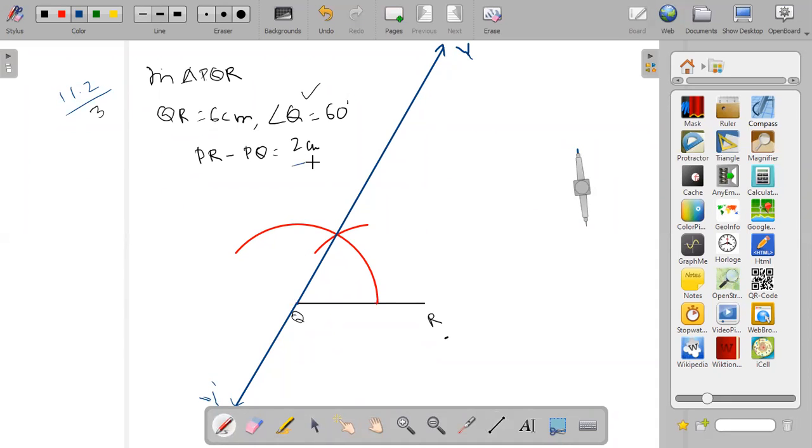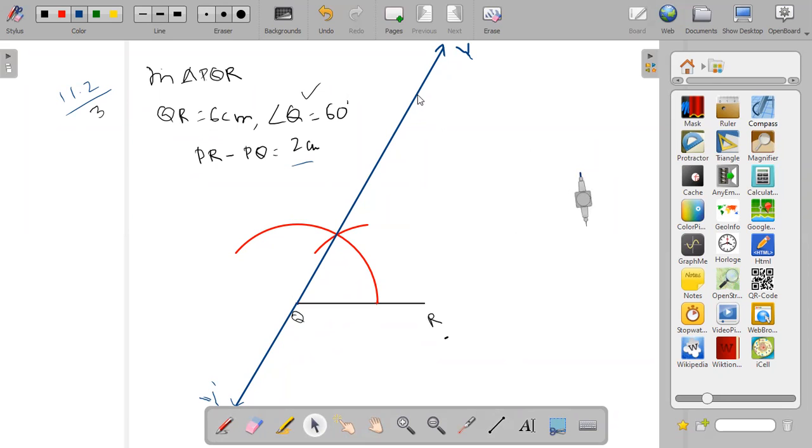Now the difference is 2 centimeters, so you have to cut an arc from Q at 2 centimeters. So this arc is of radius 2 centimeters. Here you can adjust 2 centimeters. Check where 2 centimeters comes, 3.32. Very small arc is required.